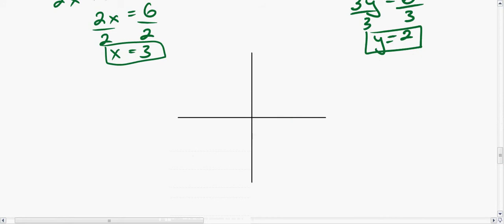Next, we've got our xy coordinate plane. We're going to plot these points. Our x is equal to 3, so I'm going to move over 1, 2, 3 units. Plot a point at (3, 0). And then I have y equals 2, so I'm going to plot a point at (0, 2).